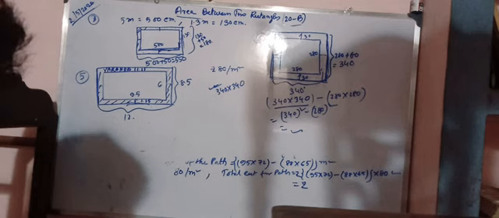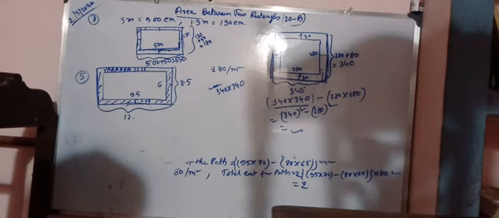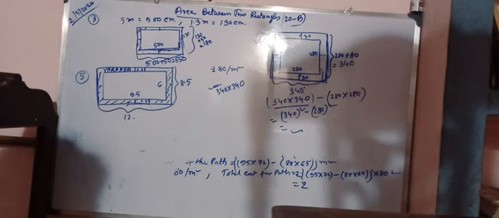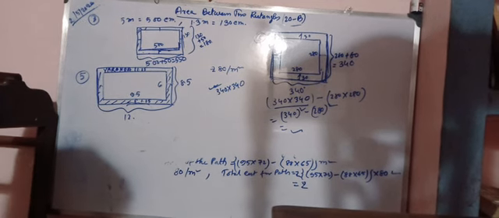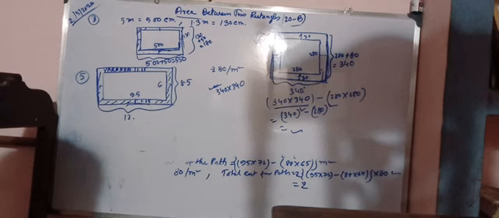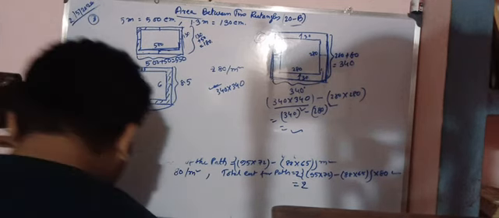The path is 2 meter wide, runs inside along the boundary. Find the cost of paving the path at ₹80 per meter square. So question number 7.